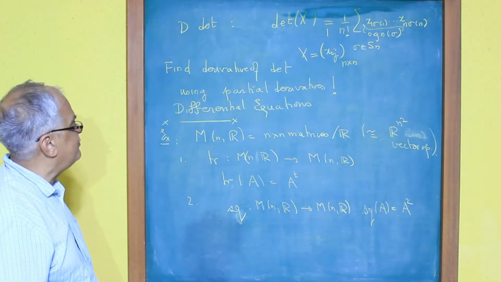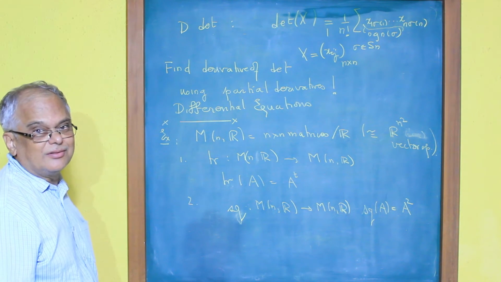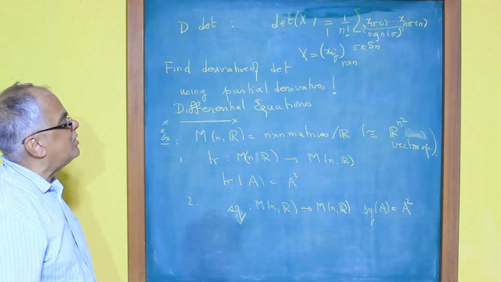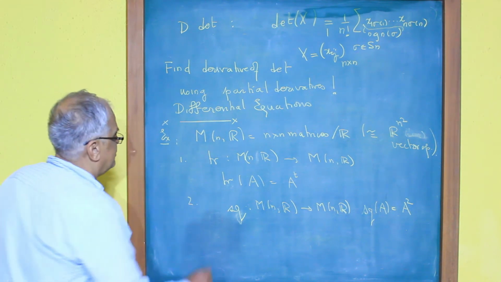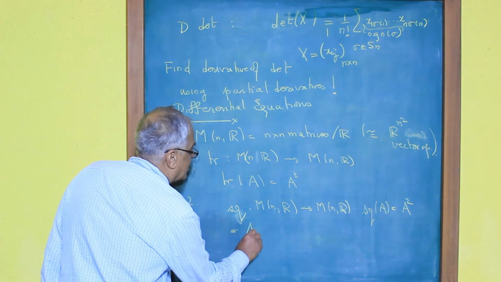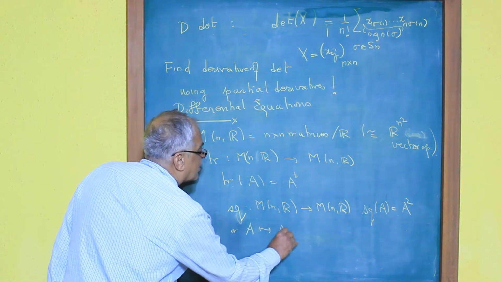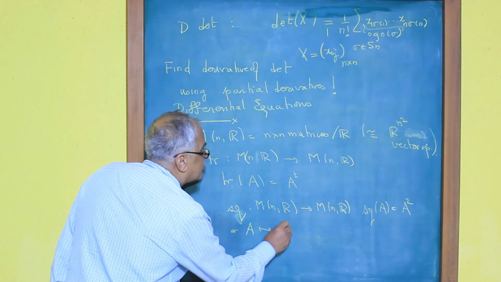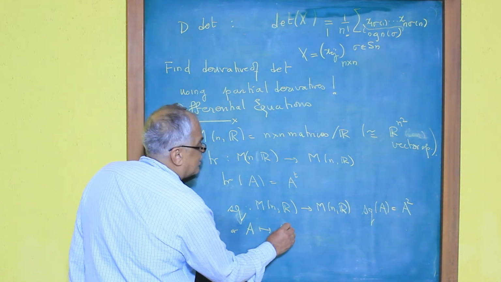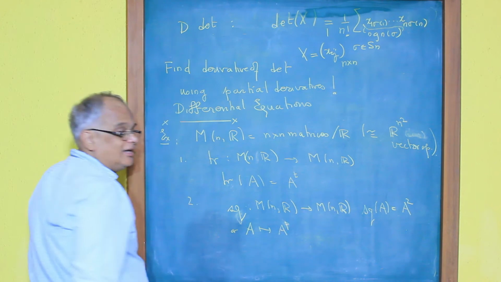In general, you could have the nth power, A going to A to the power P, for P an integer.